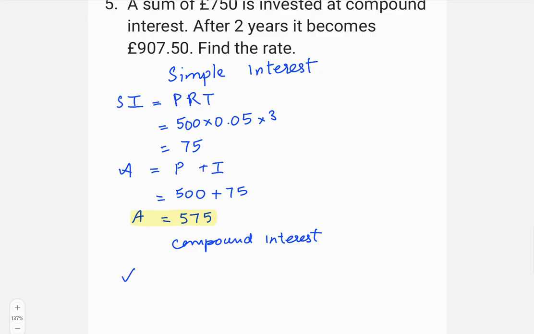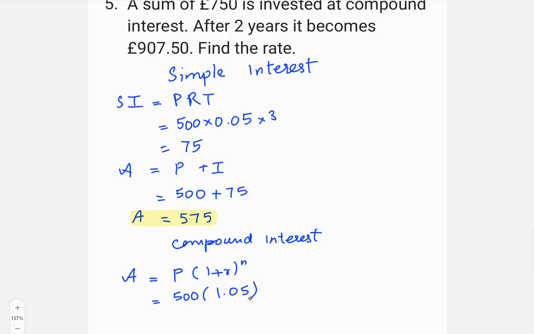For compound interest, we just have to put it in a simple formula. It's right here, P times 1 plus R with an exponent of n. P means the principal, R means the rate, 1 plus R means 1 plus 5%. 5% is 0.05.